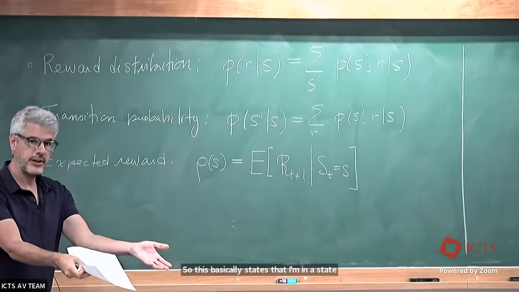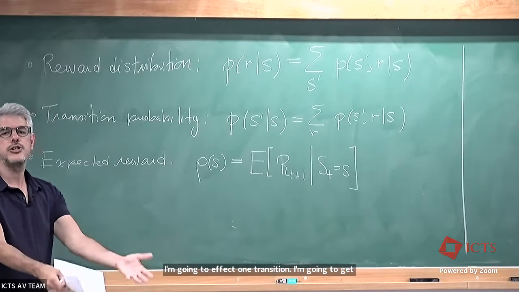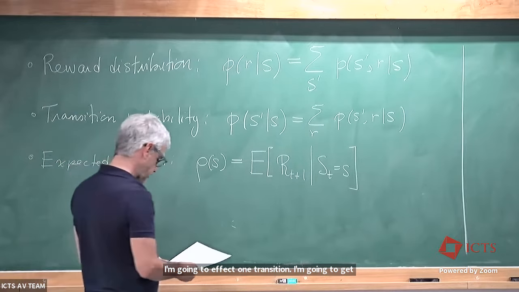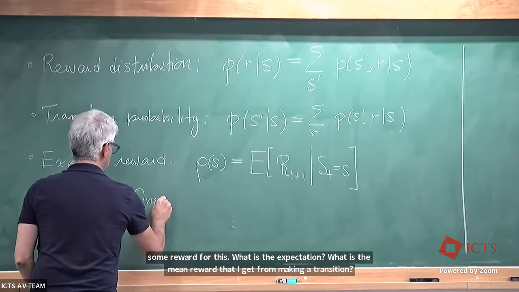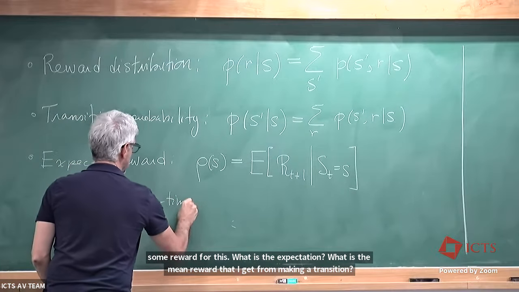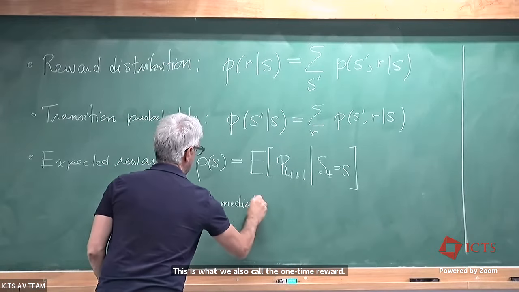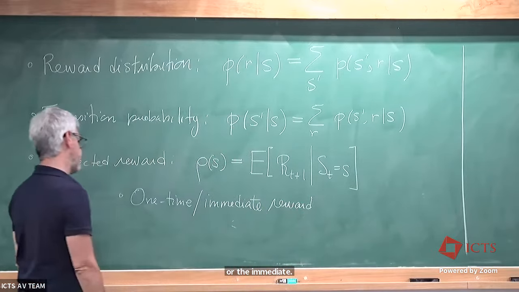I'm going to effect one transition. I'm going to get some reward for this. What is the expectation? What is the mean reward that I get from making a transition? This is what we also call the one-time reward, or the immediate reward.